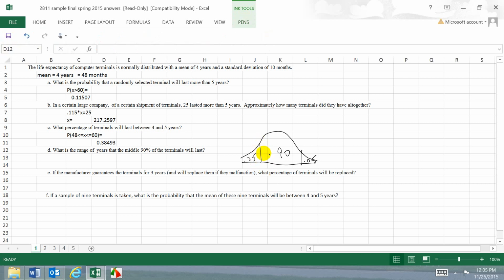And the upper side, so let's call it from x1 to x2.